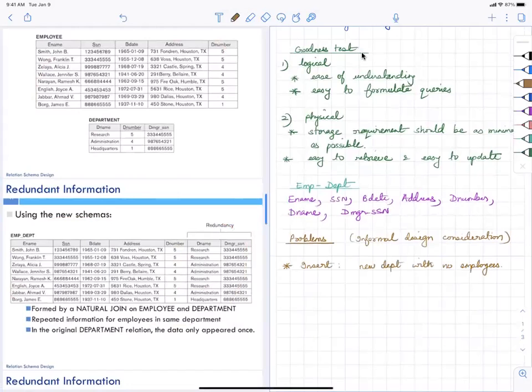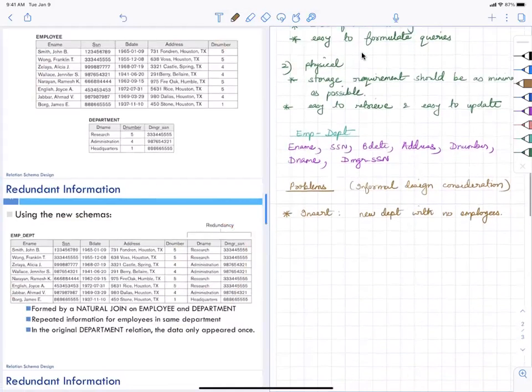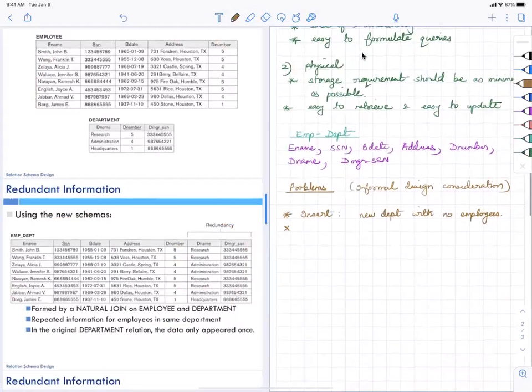And similarly, on the other side is delete. Suppose I delete the employee James Borg. He's the only employee in Department 1, the very last row of the table. If I delete him, do I lose all the information about department number 1? So that's another problem. Just like you have insert, you have the same problem with delete.